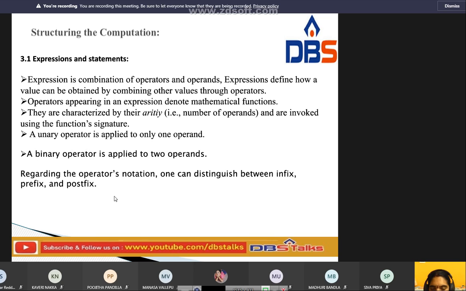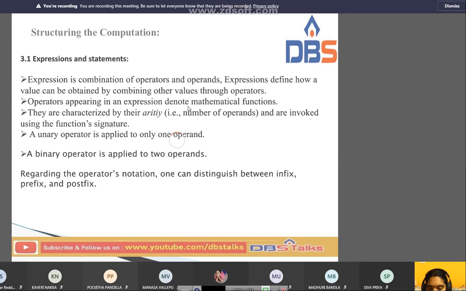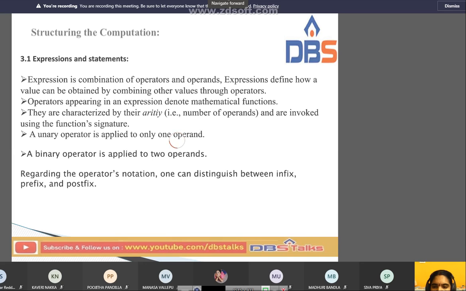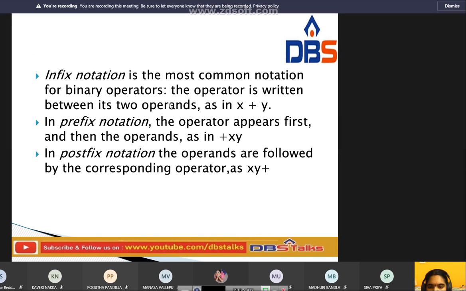First, infix notation is the most common notation for binary operators. The operator is written between two operands.